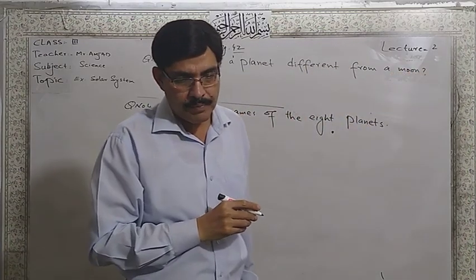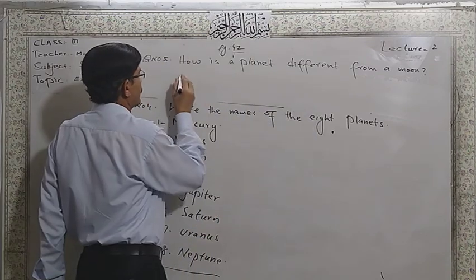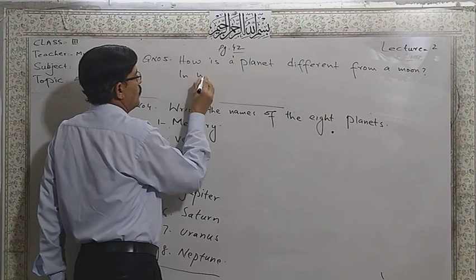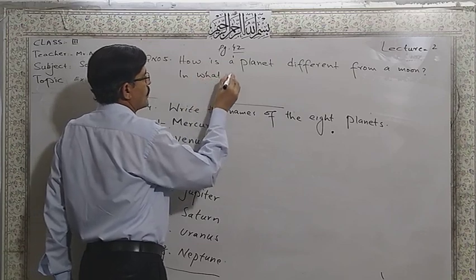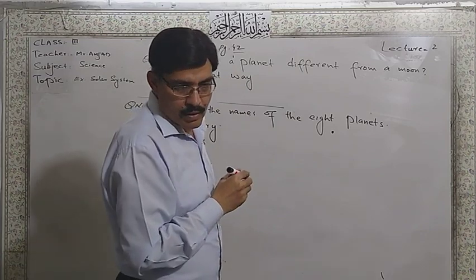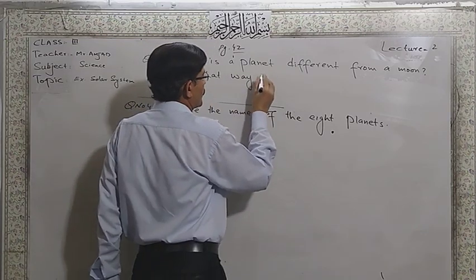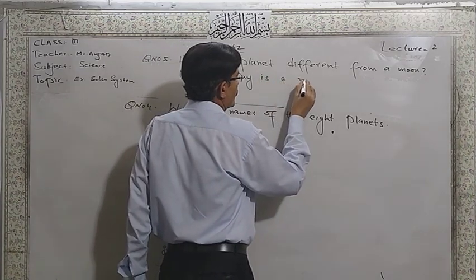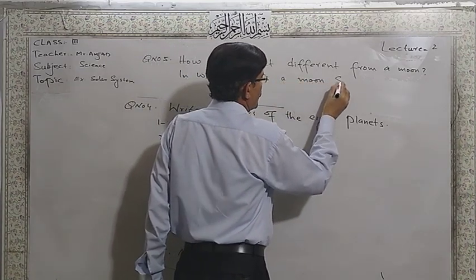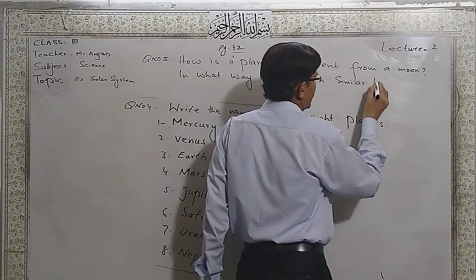In what way is a moon similar to a planet?